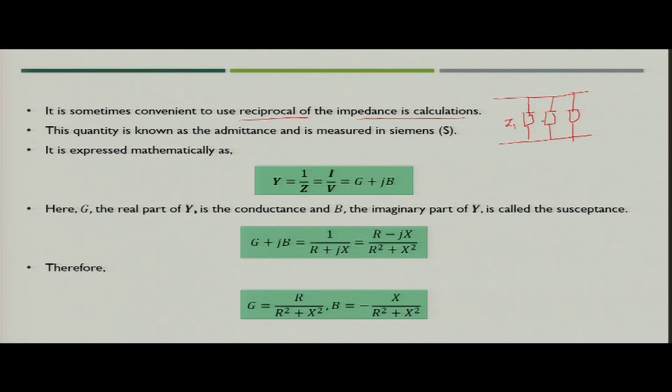So, if it is Z1, Z2, Z3, and you have to find out the equivalent impedance, it is better to take the reciprocal of impedances.